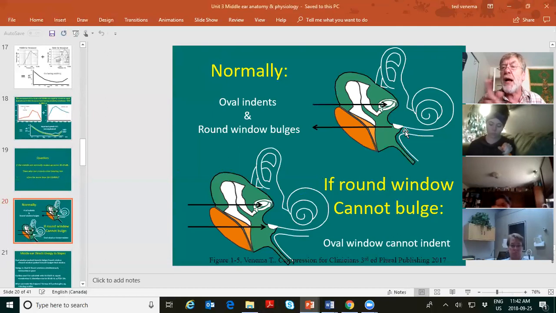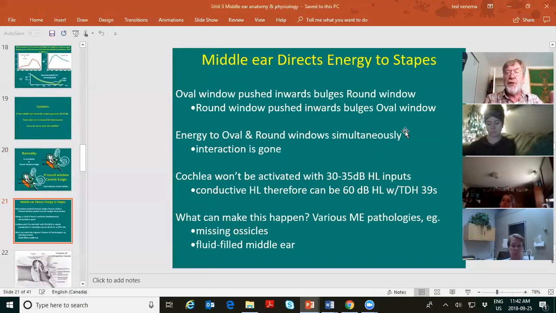If you pushed the round window in, the oval window would bulge. It's that trade-off. And when that trade-off is affected, that interaction is gone, then your hearing loss will be greater than the 30 to 35 dB that the middle ear makes up.